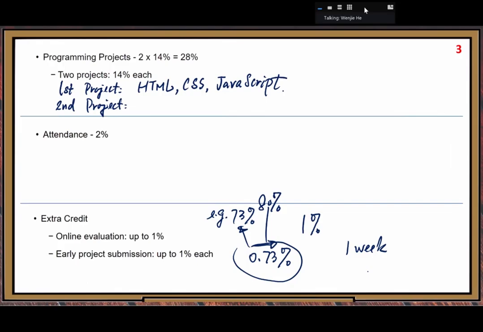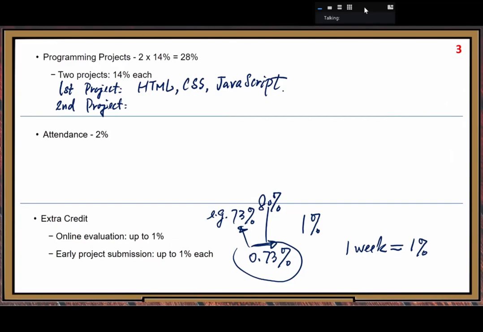How can you do it in a short period of time? It's very hard. So if you submit 1 week earlier, that's worth 1% extra credit. If not 1 week, just a few days earlier, I still give you extra credit, but I will scale it down a little bit.